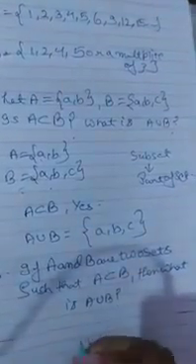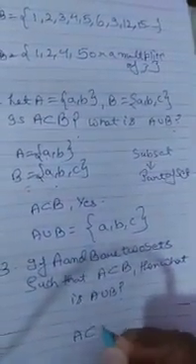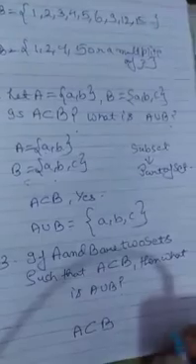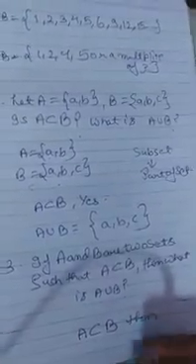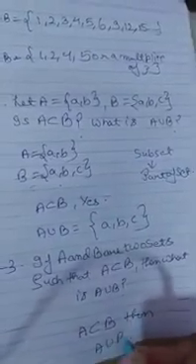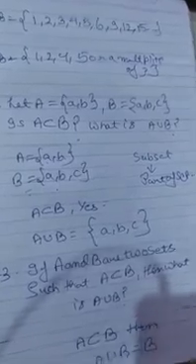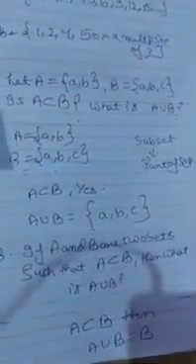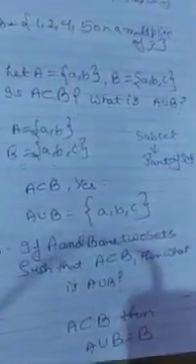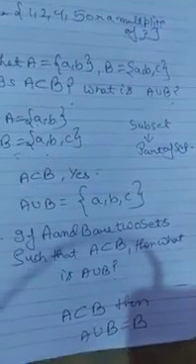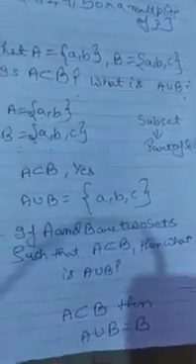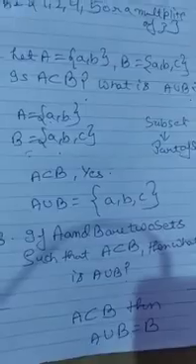If A and B are two sets such that A is a subset of B, then we will get A union B as B, because A comes from B. So what will be A union B? Set B only.